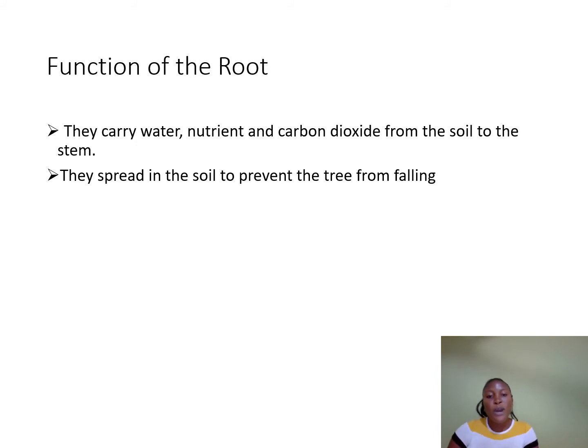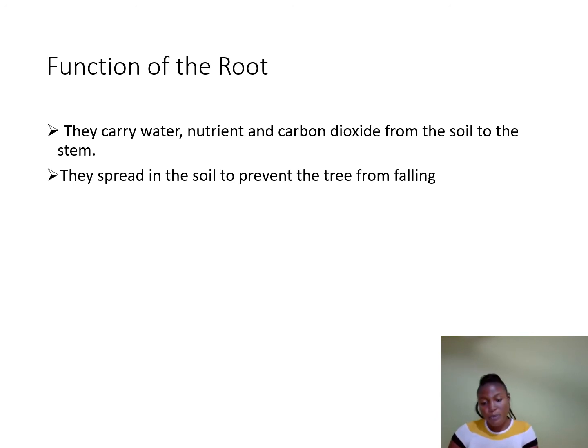They also spread in the soil to prevent the tree from falling. If the roots do not spread in the soil, the stem wouldn't have the firmness to stand on its ground. So without the roots, the plants can never grow.